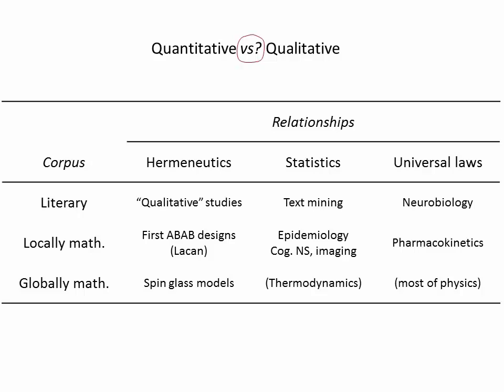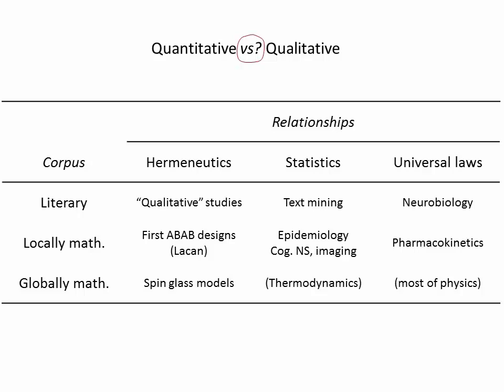Universal law and locally mathematics, you have pharmacokinetics. When I say the half-life of fluoxetine is 15 days, I say a universal law. This is not correct, but most laws in physics are not correct. The law of gravity is not correct, but we say that it is a law. And when I say the half-life of fluoxetine is 15 days, I say a law which is not correct, but which is accepted like that.